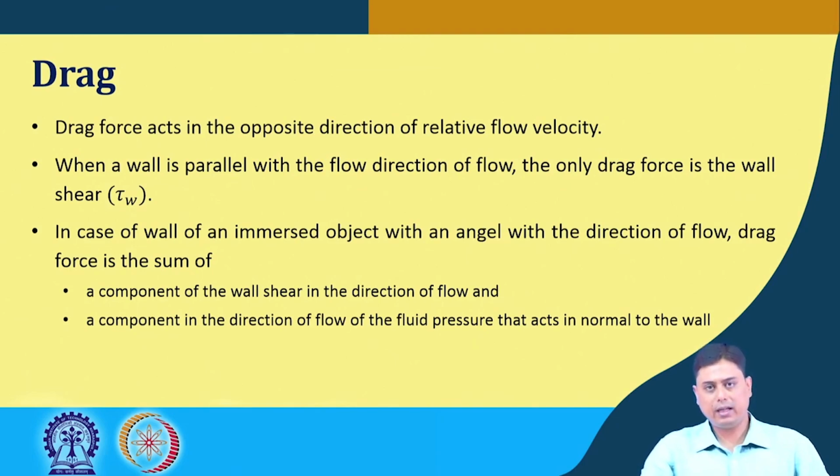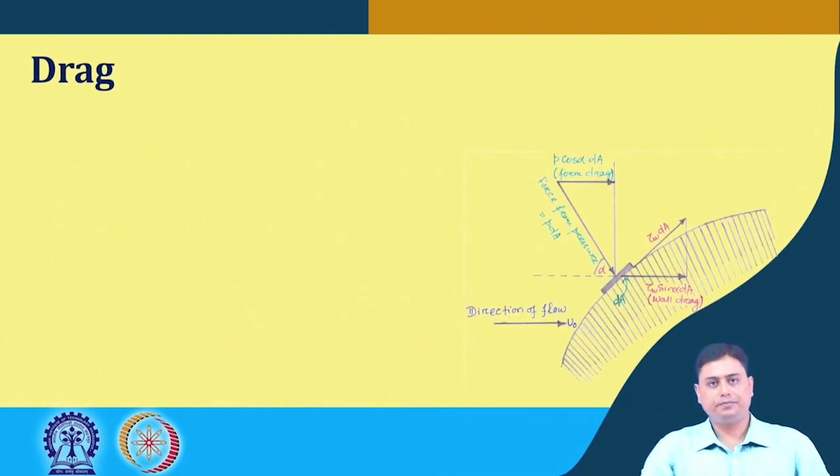So pressure acts normal to the wall, but it has a component in the direction of flow, because the wall is making an angle with the direction of the flow. So the pressure will have its component, and the sum of these two components gives us the overall drag force. This is the scenario I was talking about.